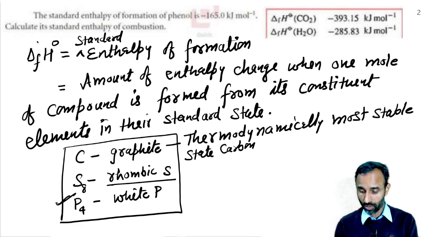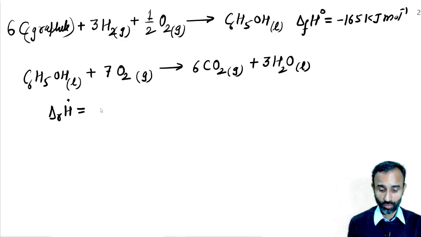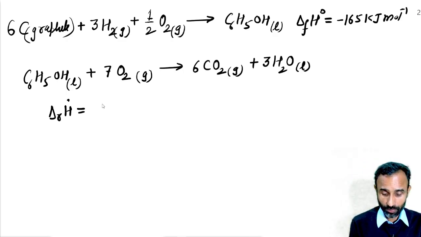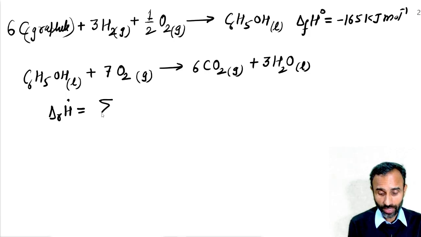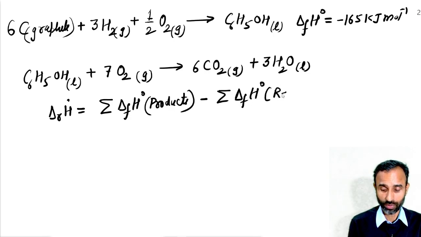So for O2 it is 0. Whenever enthalpies of formation are given, it is the sum of the standard enthalpies of formation of products minus the sum of the standard enthalpies of formation of reactants.